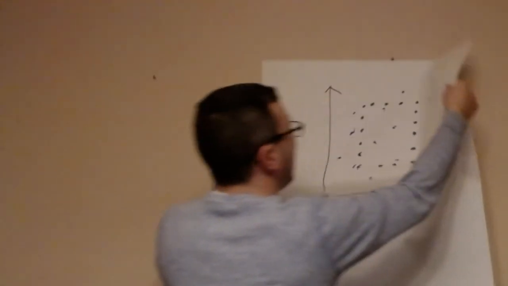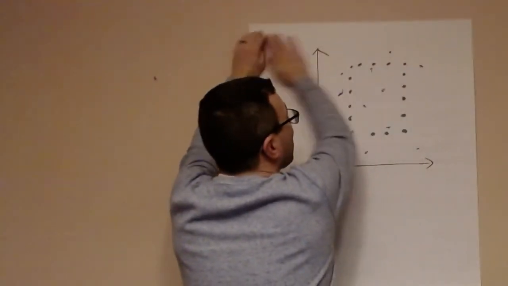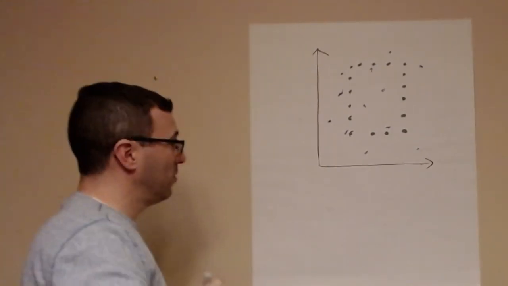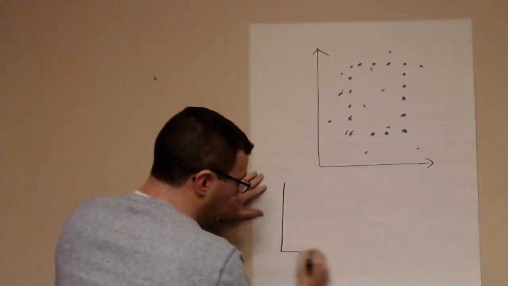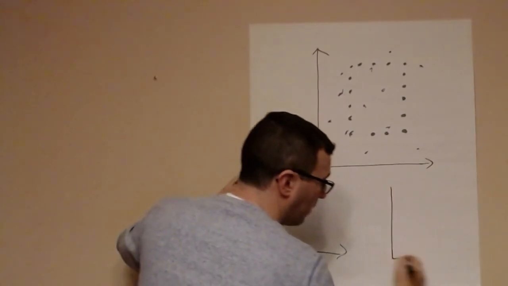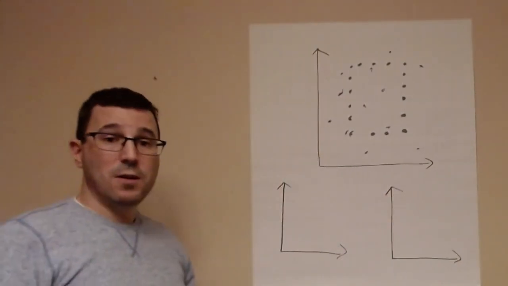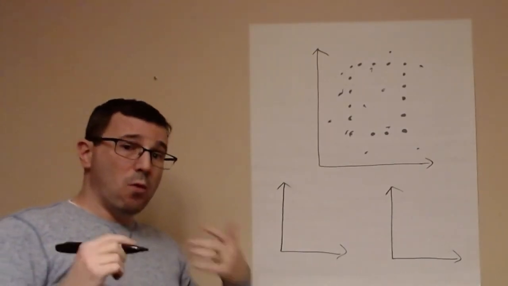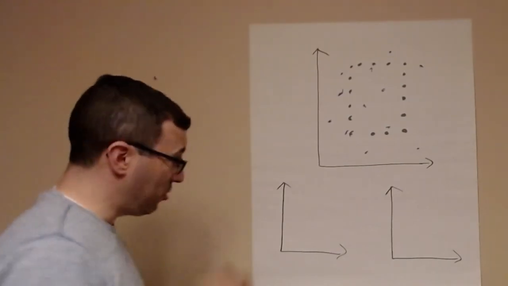The last thing I want to do is I'm going to draw two small graphs here, and I'm going to have them both represent a positive correlation, but one is going to be a strong correlation and one is going to be a weak correlation.